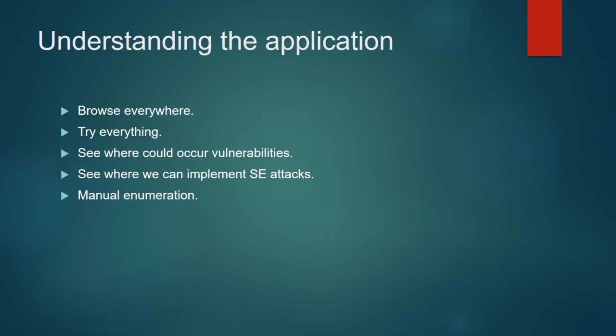So the next step is to see where we can implement social engineering attacks if needed. So if we didn't manage to find any vulnerability that can help us hack accounts or become a bug bounty hunter, we need to start thinking about implementing social engineering attacks. So here we need to gather as much information as possible for the attacks.